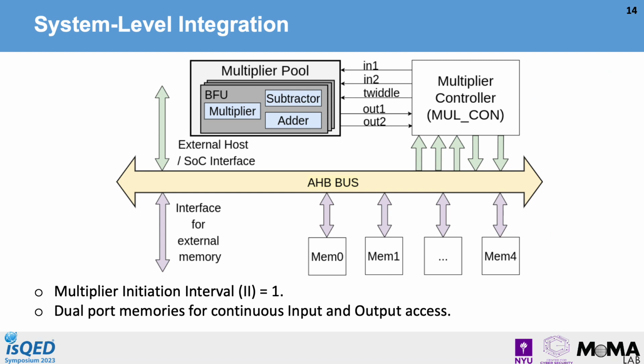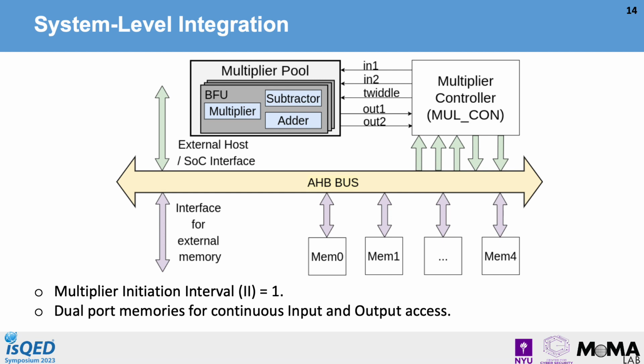Now, these variants and designs are integrated in the system level as shown in the figure. Here, multiplier pool has one or more instances of modular multiplier such that the initiation interval of modular multiplier pool is 1 irrespective of which variant it has used.